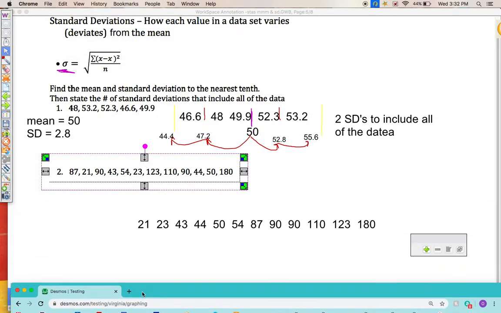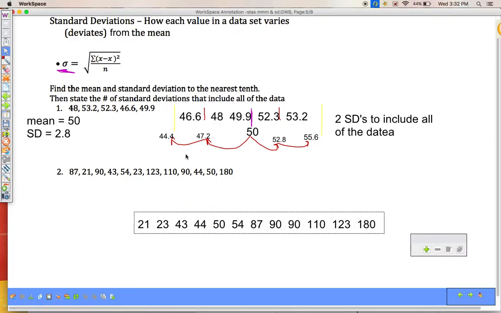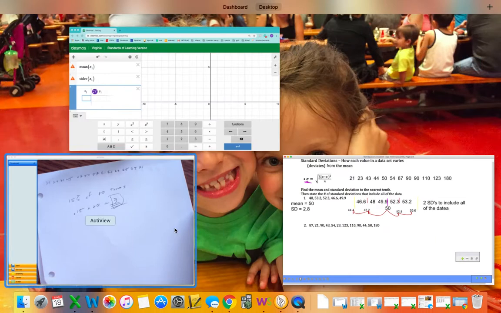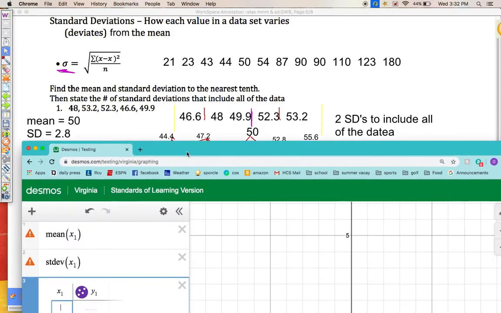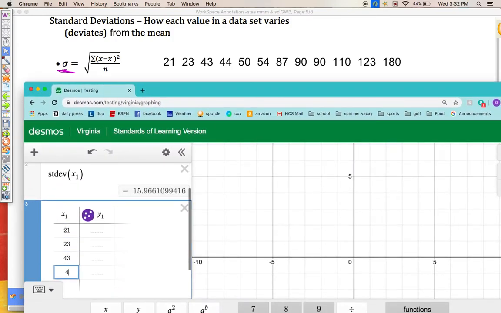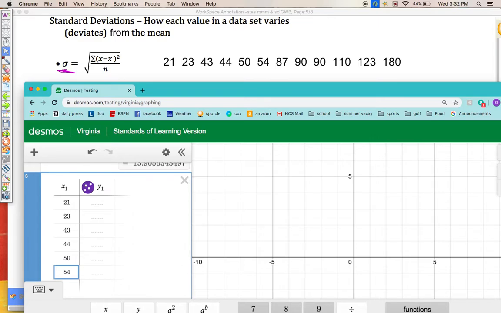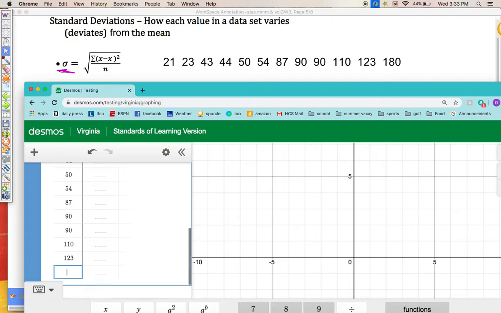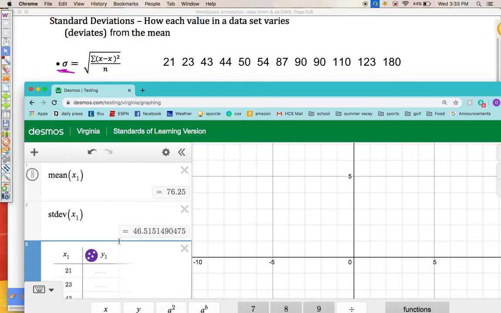Move these numbers to the top so I can see them better. 21, 23, 43, 44, 50, 54, 87, 90, 90, 110. All right, got my numbers in.